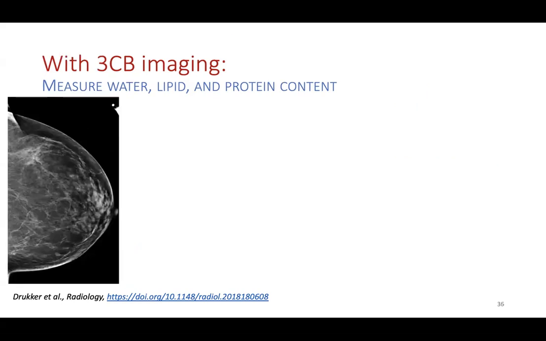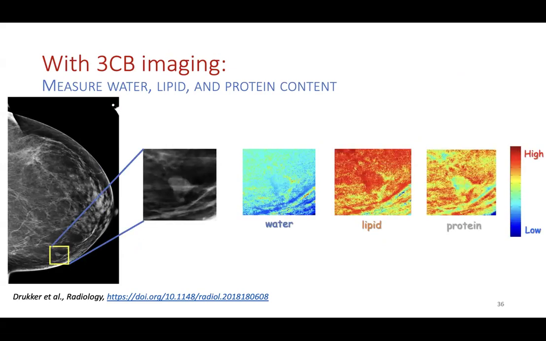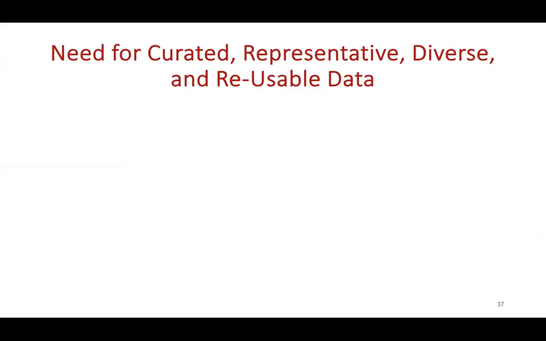Here's another example of 3CB imaging. Here, there's the tumor down there. And here is its distribution for water, lipid, and protein. You see the outline of the tumor here, here, and here. This one has low water, high lipid, and low protein. So probably benign.